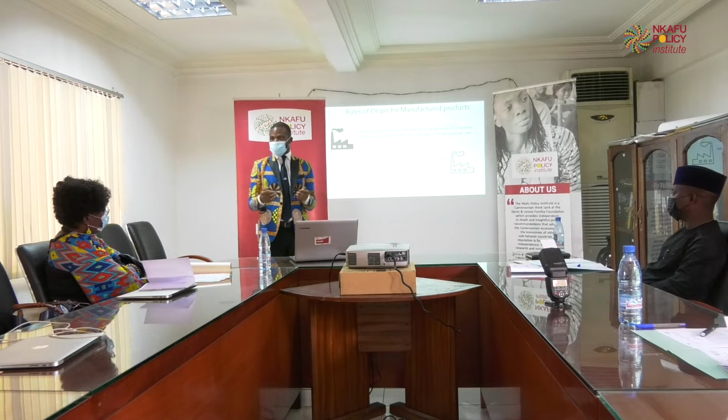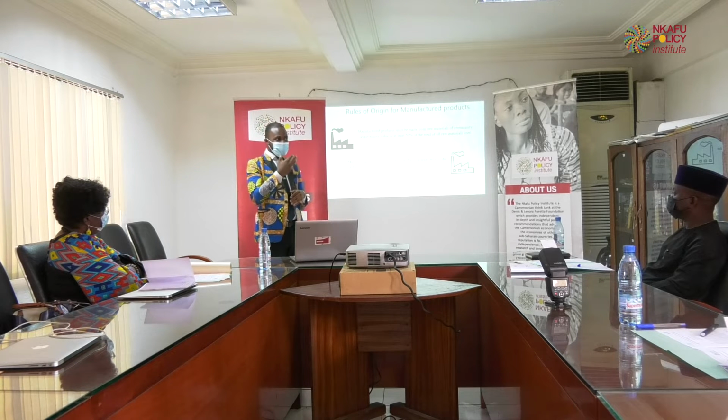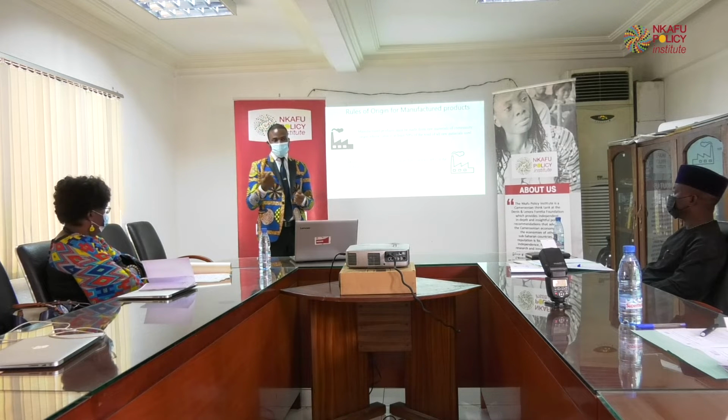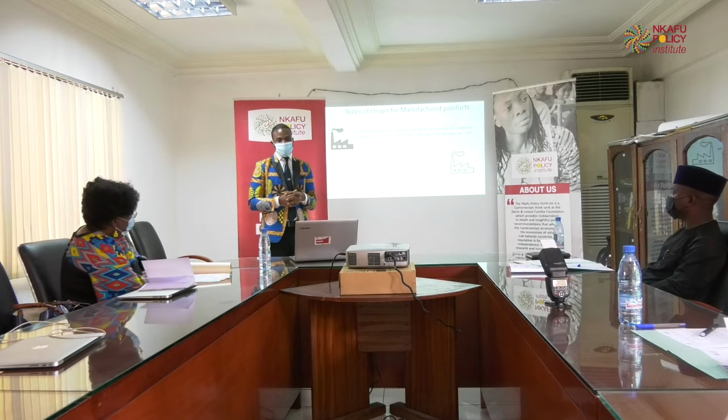And the reason why we have these policies in place is because it's much more important and necessary that whilst we trade, we also take into consideration those who have contributed to the output of a particular good or service.